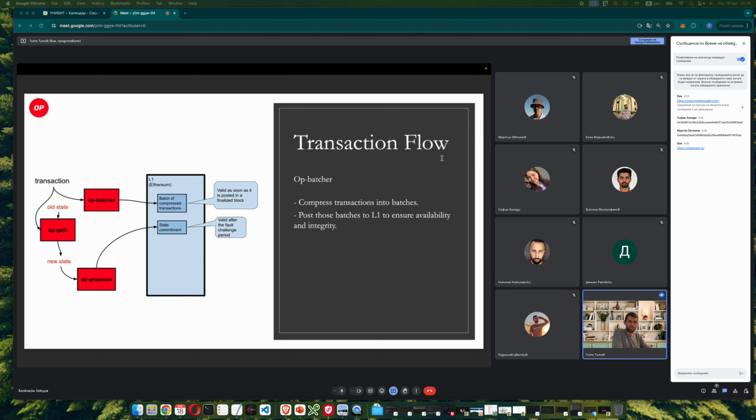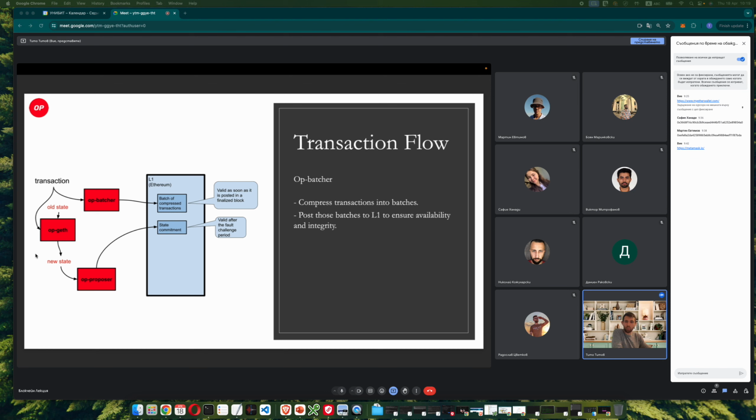This is how the transaction flow works. It heavily depends on the batcher and proposer. We have transactions on layer 2, which are similar to transactions on layer 1. A transaction goes through op-geth, which has the old state. Then we have a new state, and the op-proposer is sending a transaction to layer 1 Ethereum.